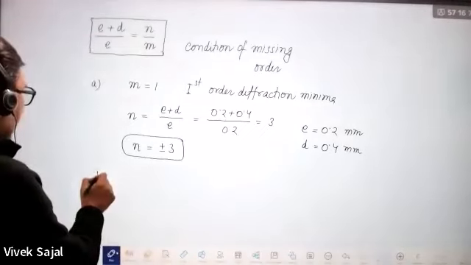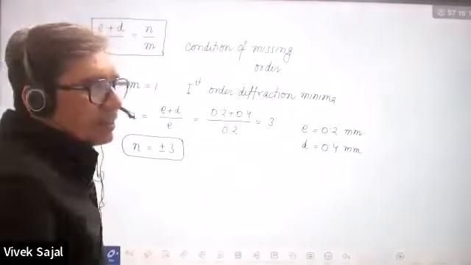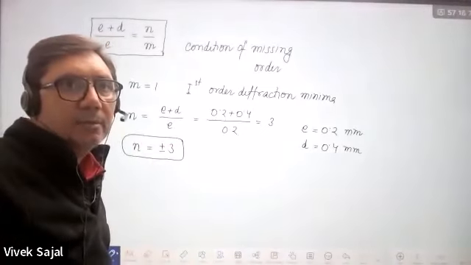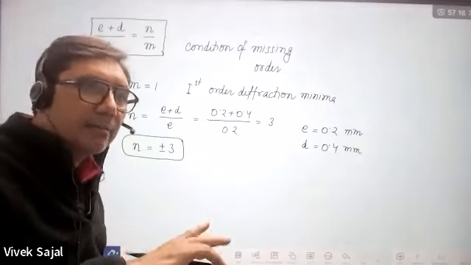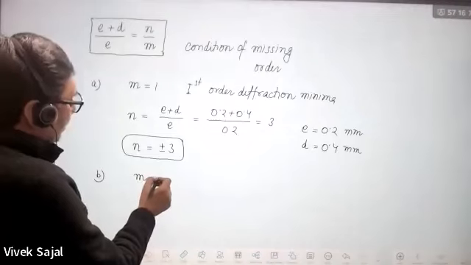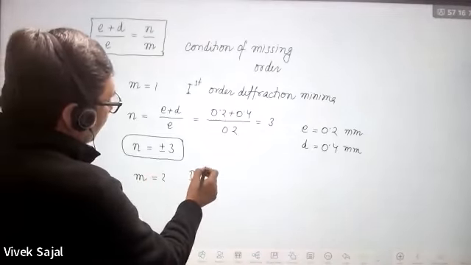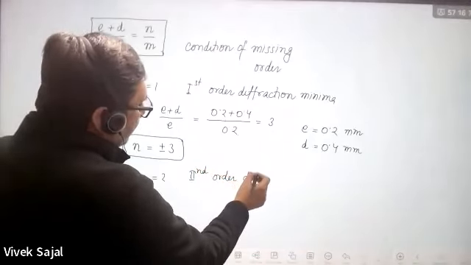If you consider second order diffraction minima, suppose at the position of second order diffraction minima some interference maxima is falling, then automatically that will also be absent. So if you place m equal to 2, you are saying second order diffraction minima.